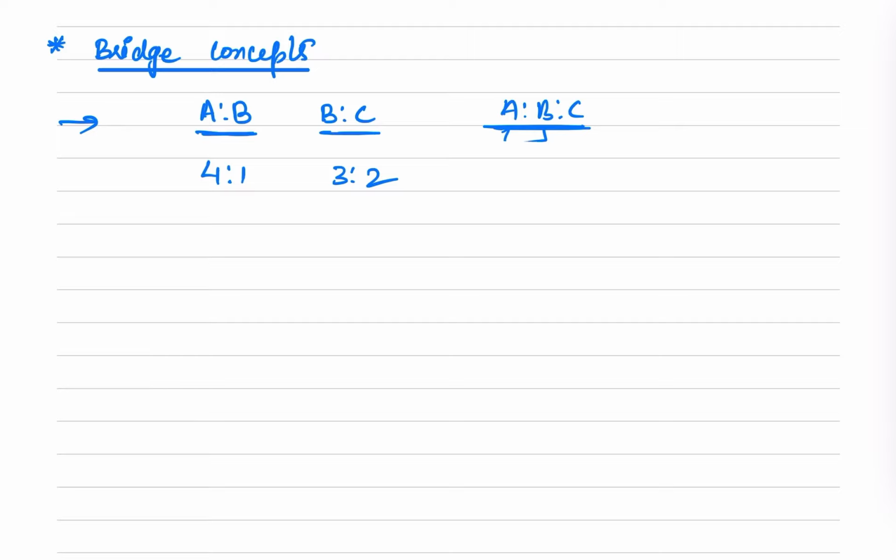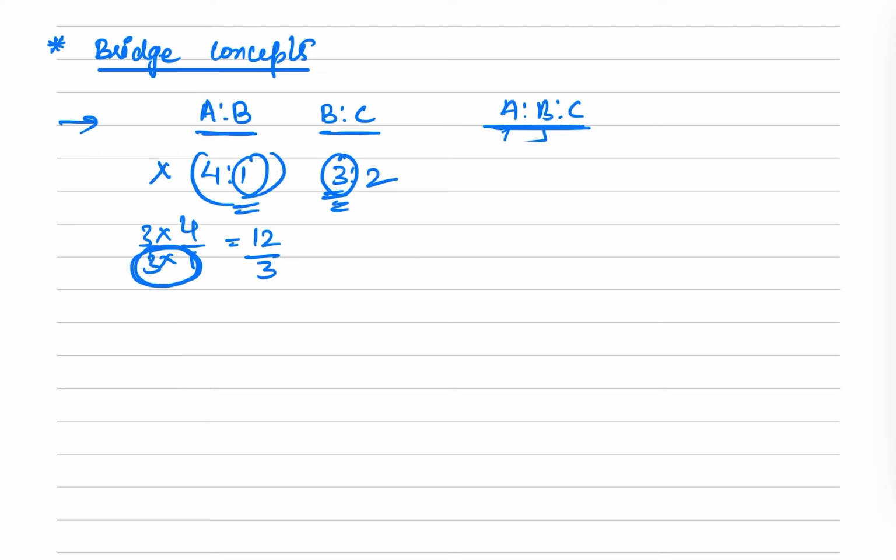Now what the concept actually says is you make B a common platform, or a common bridge, right? So if I multiply this by 3, because this is nothing but 4 by 1, I will see that B will become common. So 12 by 3, or I can simply multiply by 3 here.